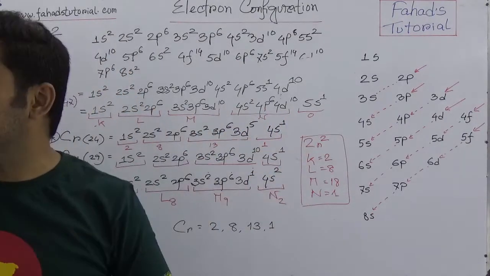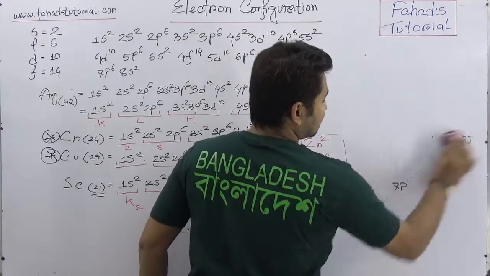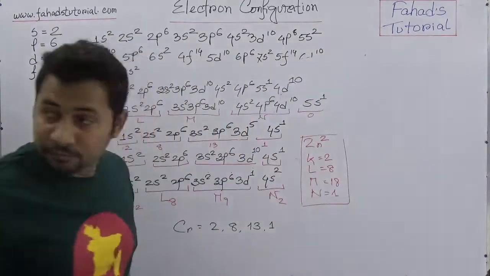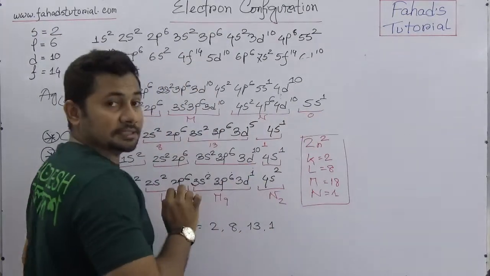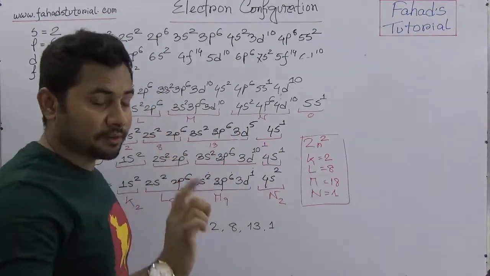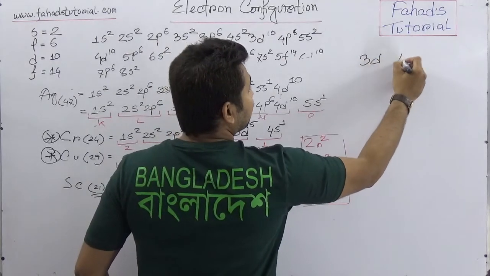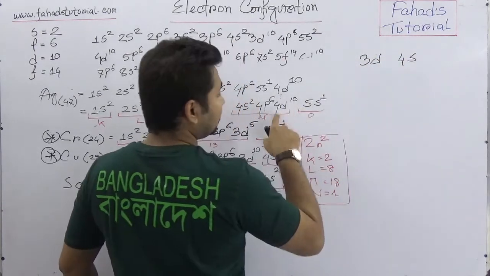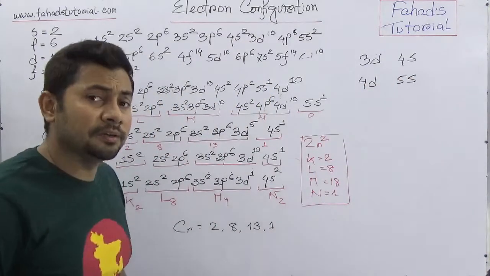And one last thing that I need to mention here, if I erase this, please think about one important thing: in case of 4d and 5s, in case of 3d and 4s, what's going on?